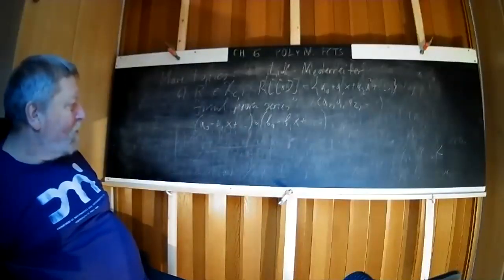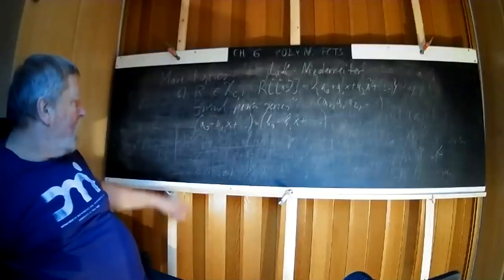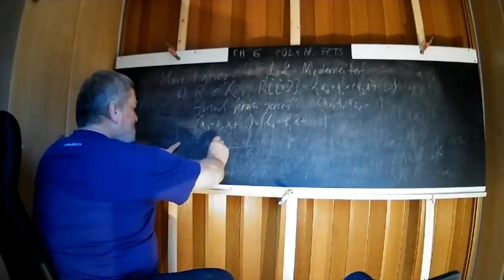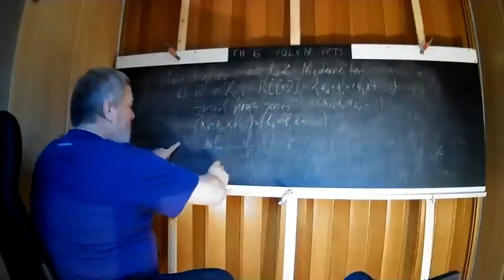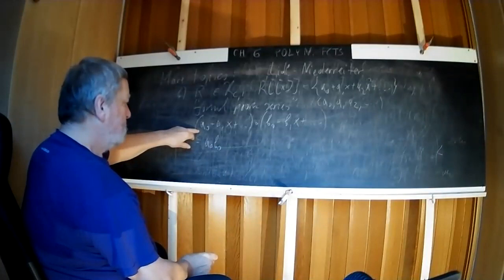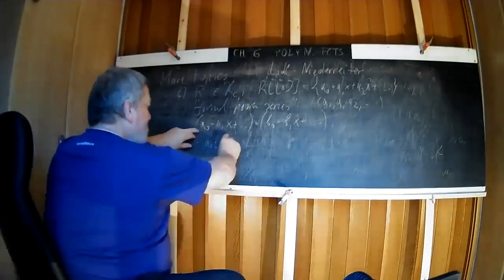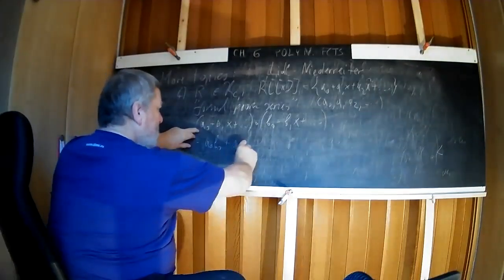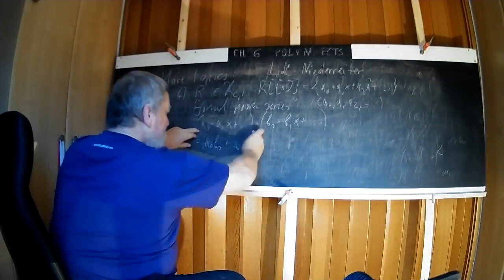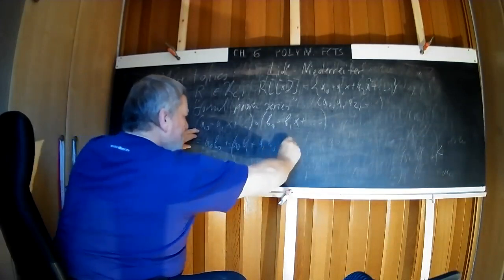Well, we can order it in such a way that we have a0 times b0, and then later on we have a0 times b1 times x, plus a1 times b0 times x, and so on.